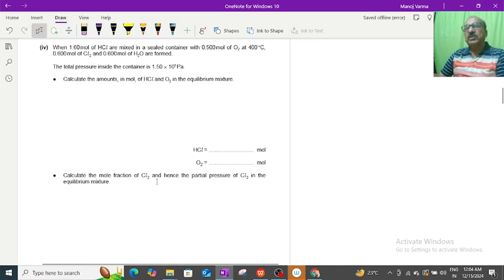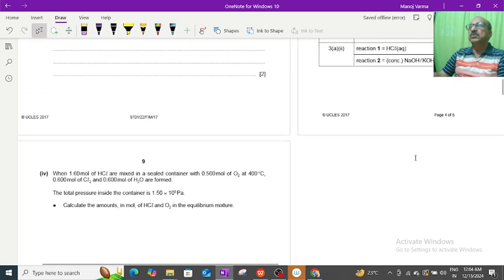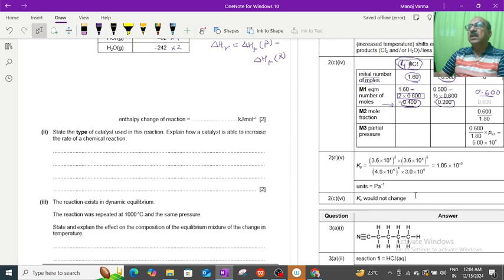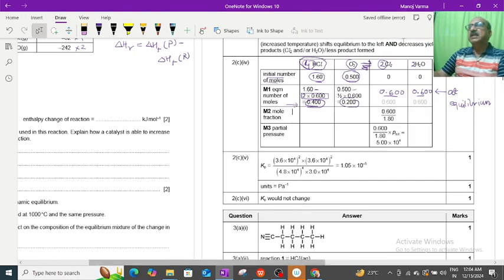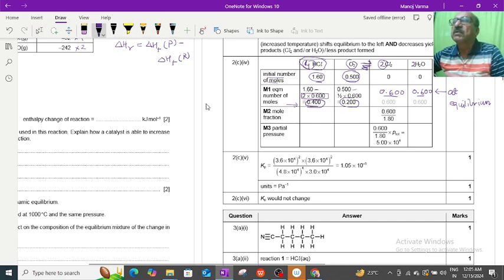The mole fraction of chlorine. To get the mole fraction of chlorine, you should find out how many moles of chlorine are present. As you can see, the number of moles of chlorine present is 0.600. Now mole fraction means that you find out the total number of moles. What is the total number of moles?